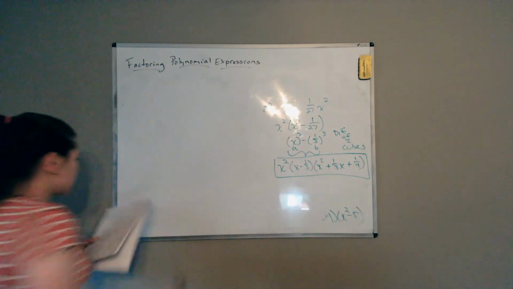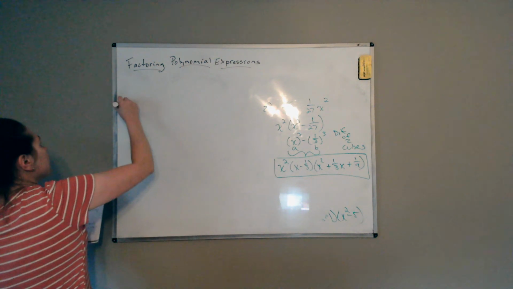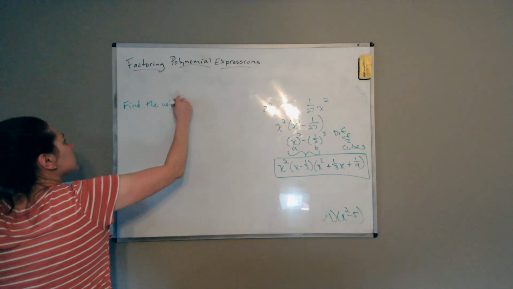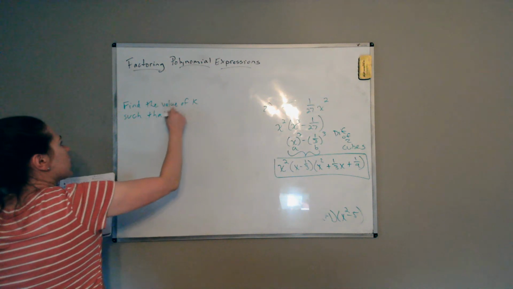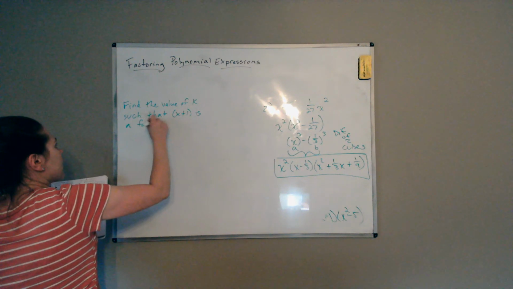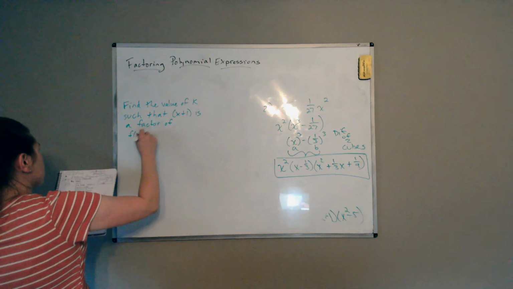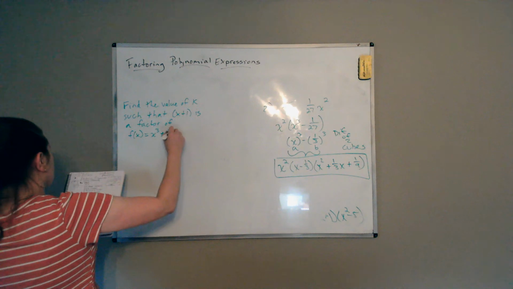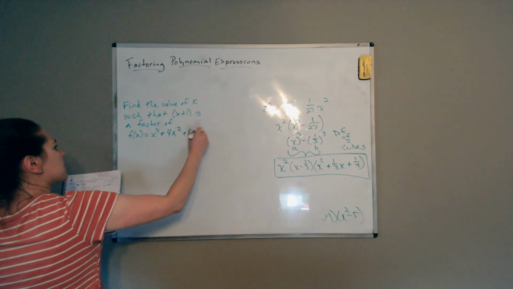And the last problem is going to be: find the value of k such that x plus 1 is a factor of f of x equals x to the third plus 4x to the second plus kx minus 20.